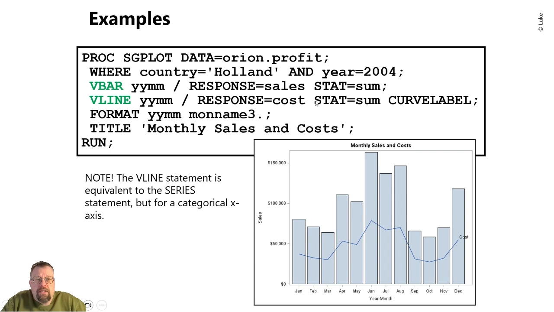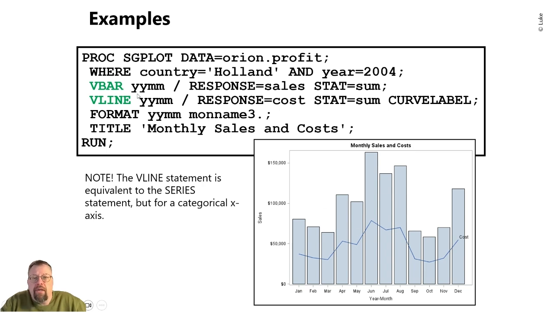Response is sales, that is sum. So these are sums presented in these bars. And then VLINE is drawn based on variable cost and also sum of that. So that statement will give us this line here.